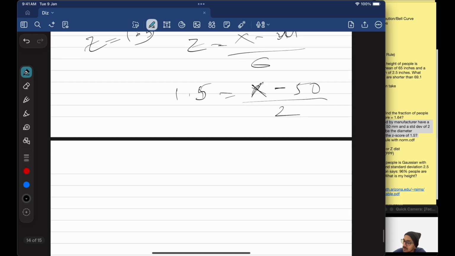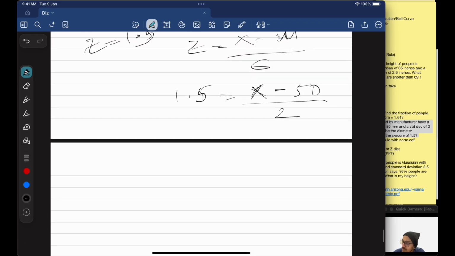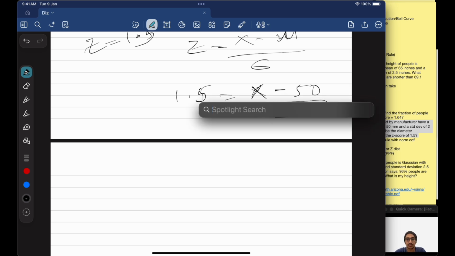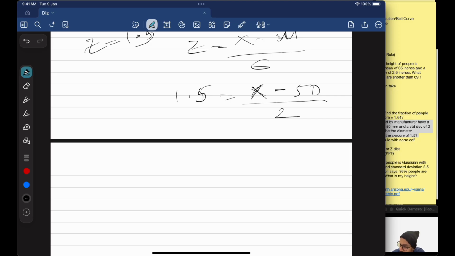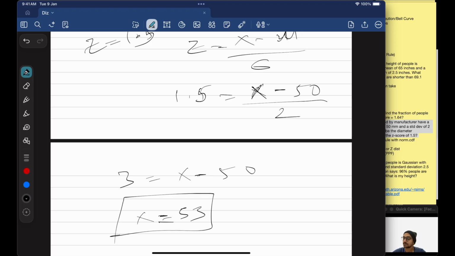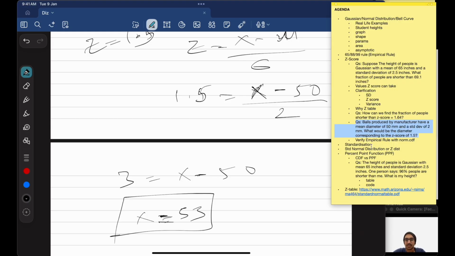Now solving this, 1.5 times 2 is 3. Yeah, this will be 3. x minus 50, so this will be 53. So the diameter is 53. Right? That's again pretty straightforward.